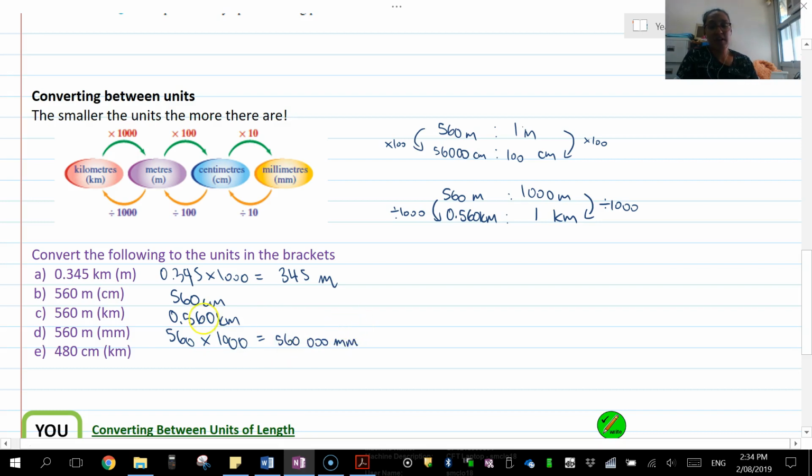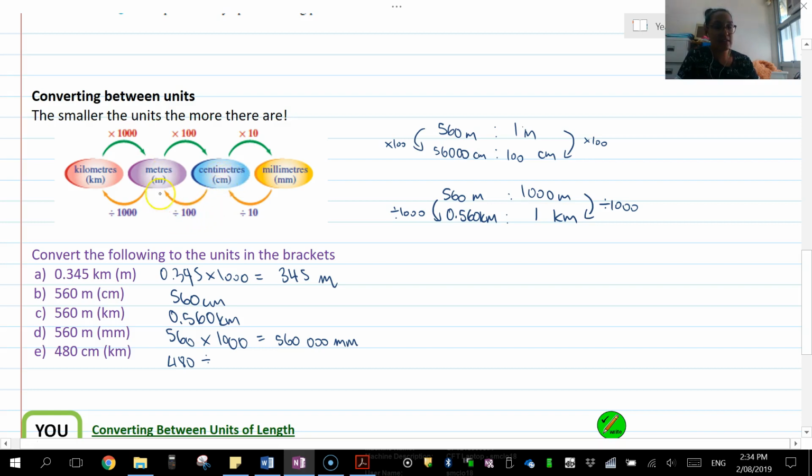Now this one here, 480 centimeters to kilometers. So we're again doing a double conversion. So we're starting here at centimeters, we're going to meters, and then we're going to kilometers. So I can take my 480 and I'm going to divide it by, so I'm at centimeters, divide by 100.